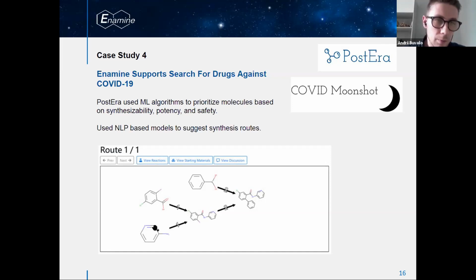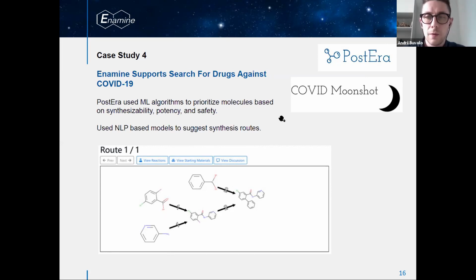Basically, it represents molecules as a set of characters and then applies algorithms similar to translation algorithms. That way they can predict retrosynthetic schemes with high precision.